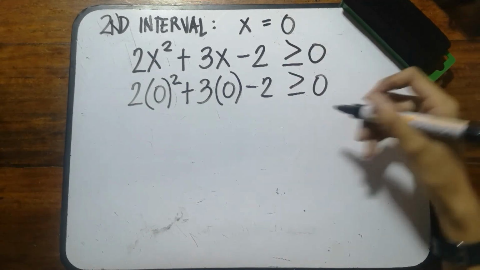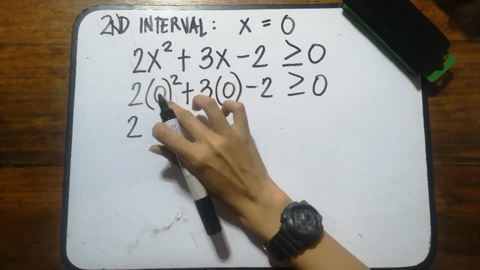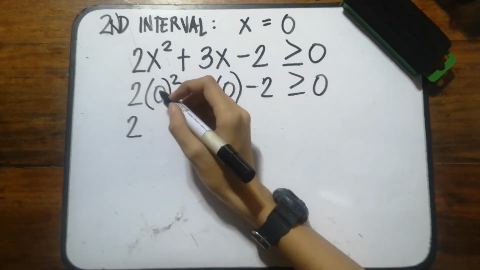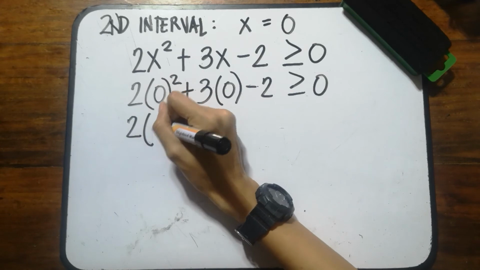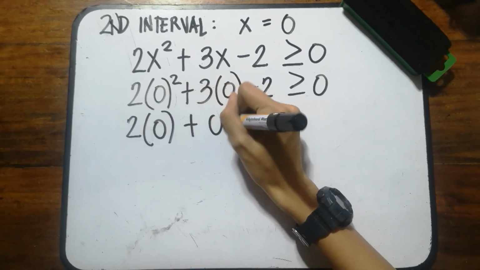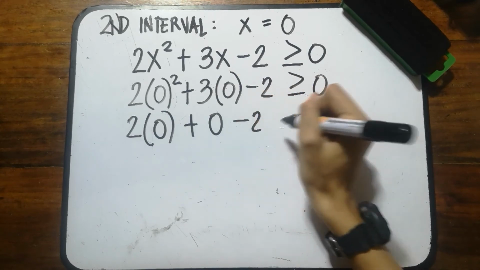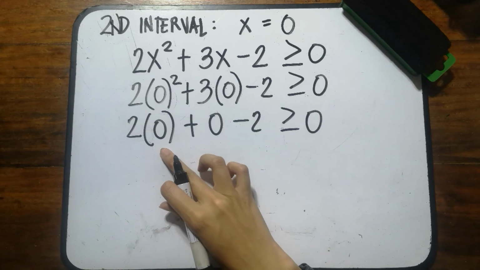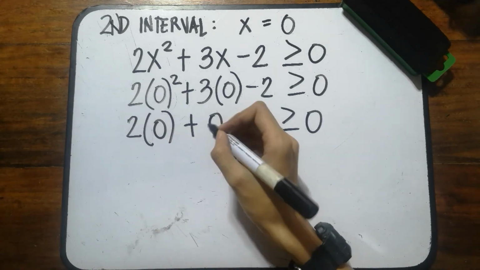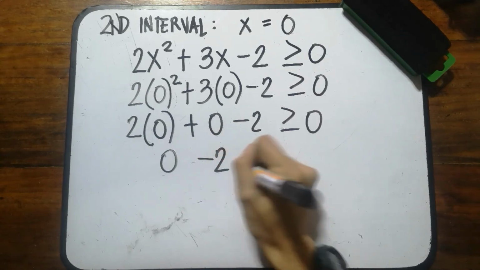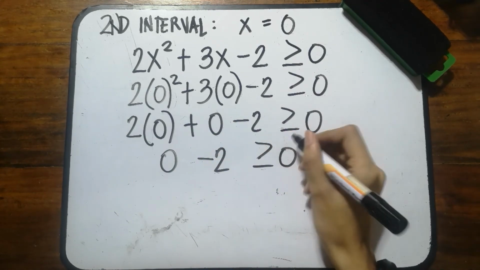Perform the indicated operation. 2 times 0 squared gives us 0. 3 times 0 is also 0, minus 2 greater than or equal to 0. 2 times 0 is 0, minus 2 greater than or equal to 0.